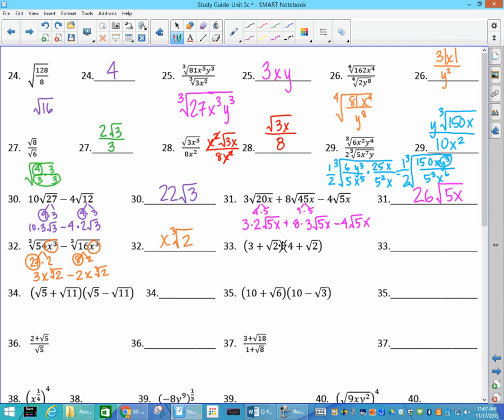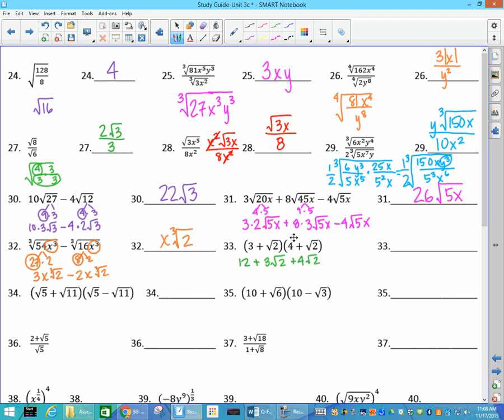All right. Moving along, there is no addition or subtraction, so this is a multiplication problem, and we're going to FOIL. The first terms, 3 times 4 is 12. The outside term is 3 times the square root of 2, so that's plus 3 square roots of 2. The inside terms plus 4 square roots of 2.